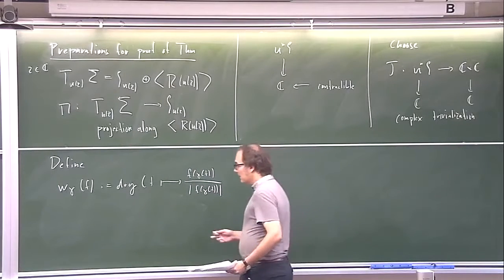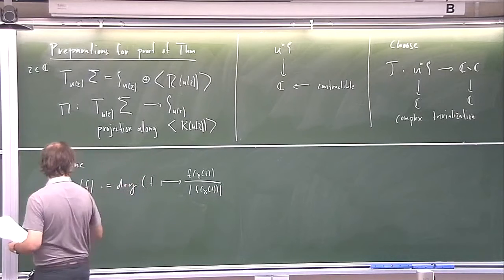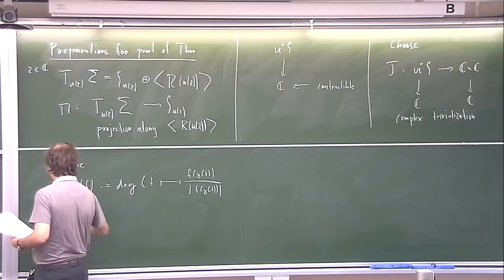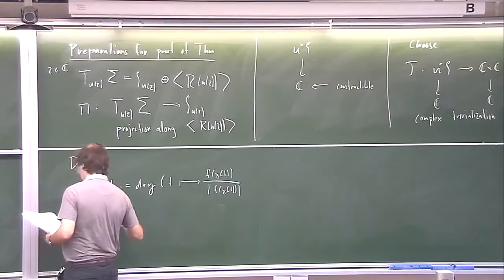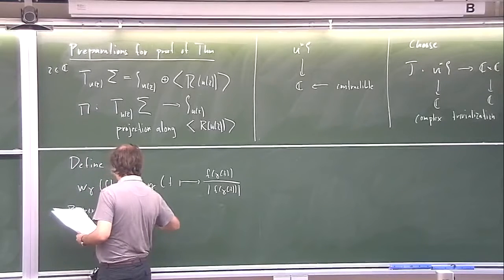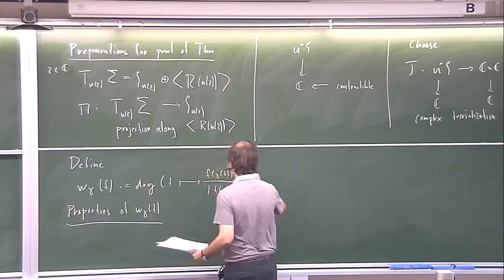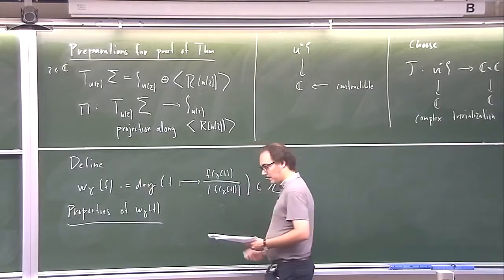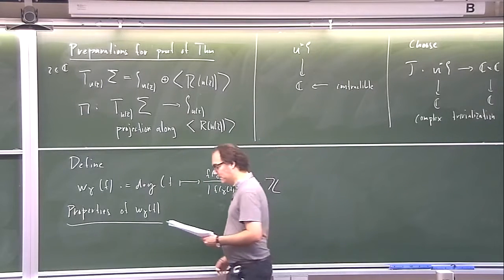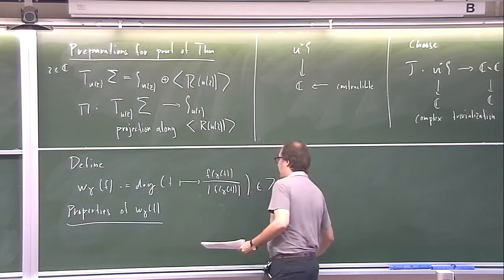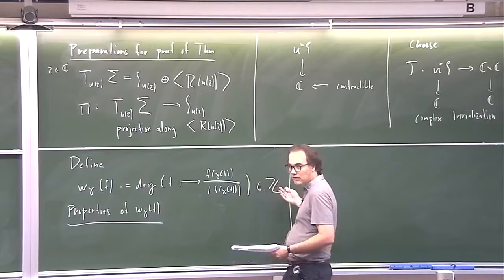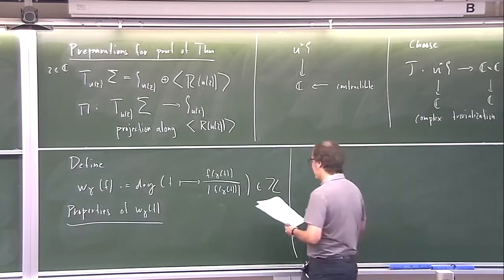So this degree has some nice properties. It's an element in Z. First is homotopy invariance. It's kind of a jump because it takes discrete values.